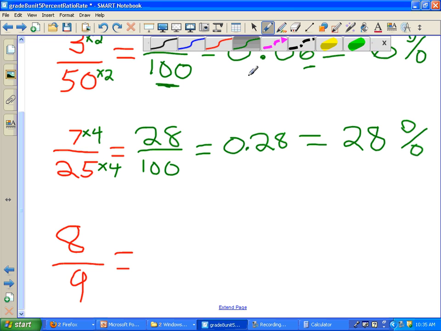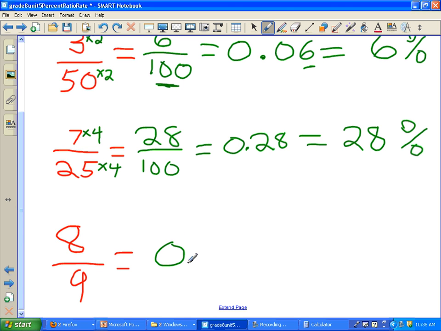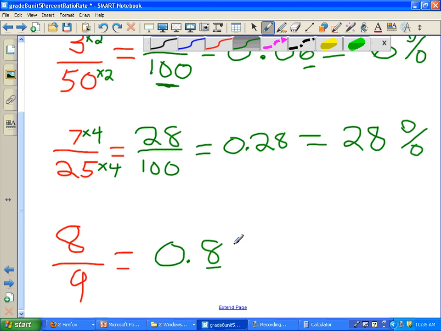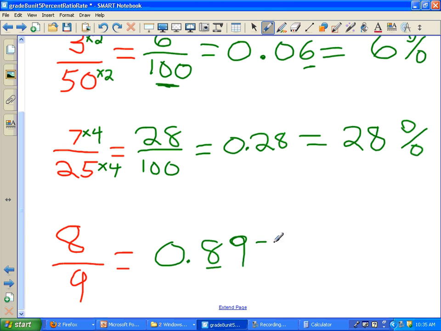So I've got 0.888 and so on. But I'm going to round it off to 2 decimal places because I'm going to want to change it to percent. In this case, I'm going to round it off to 89, which will give me 89%.